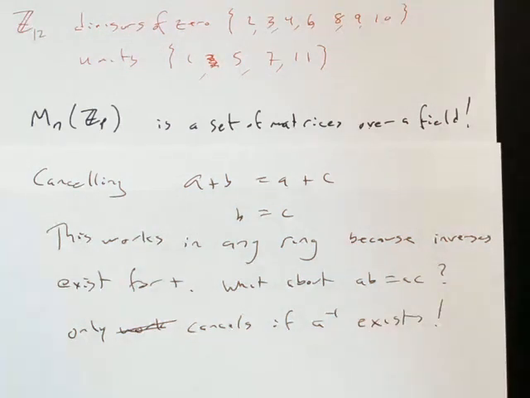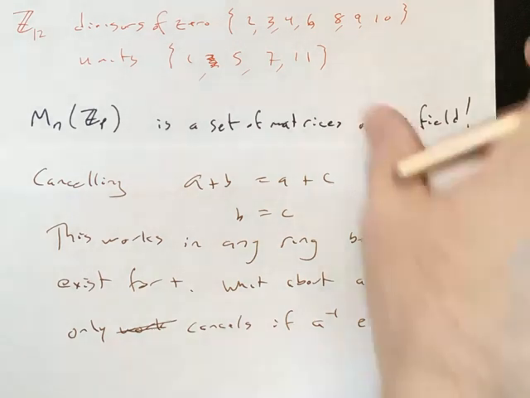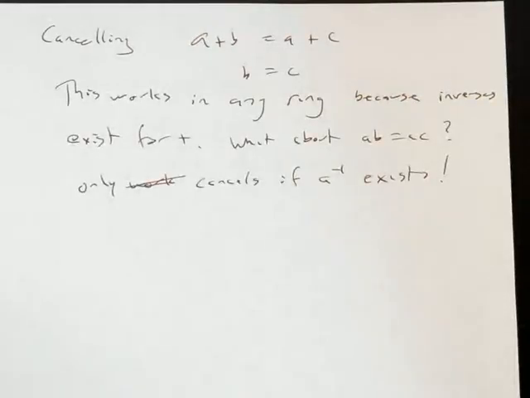Because really, when I'm canceling, I'm multiplying by n inverse on the left of both sides of the equation. Can't do that if I don't have an inverse. Well, it turns out that's exactly when I have or don't have divisors of zero.